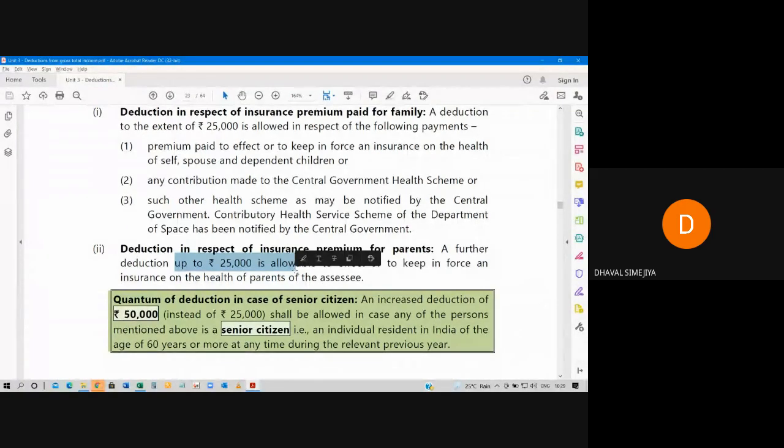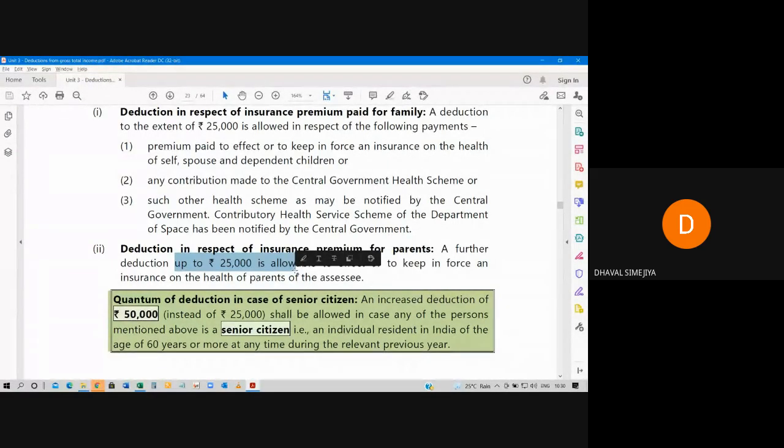But Mr. X has taken mediclaim of his father, then an extra 25,000 is available for parents only. Brothers and sisters don't come anywhere. Only wife, children and parents. So wife and children 25,000 and parents 25,000.